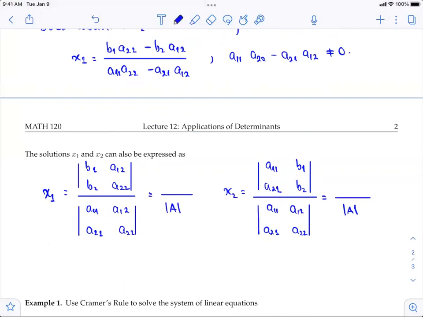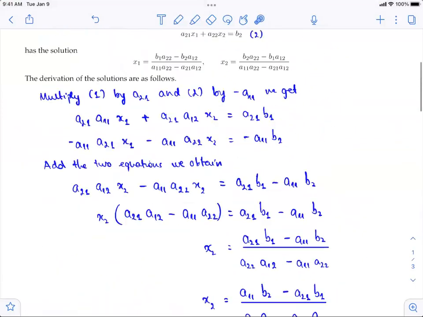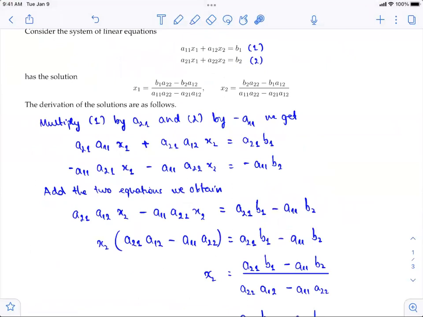Okay. And the numerator, now I need your attention here. You see that this determinant is obtained if you replace the first column by the entries from the right-hand side of the system. The right-hand side of the system is B1, B2.